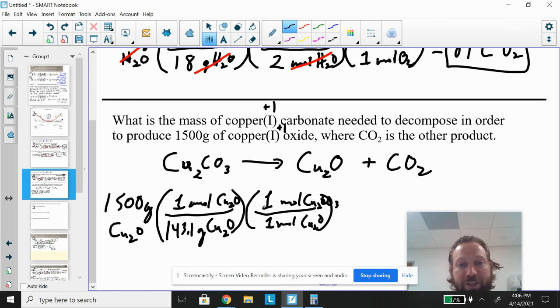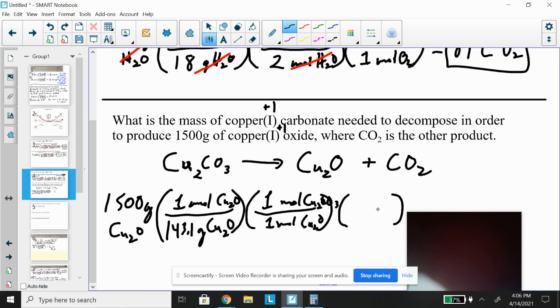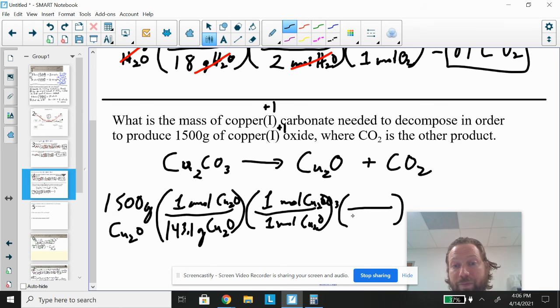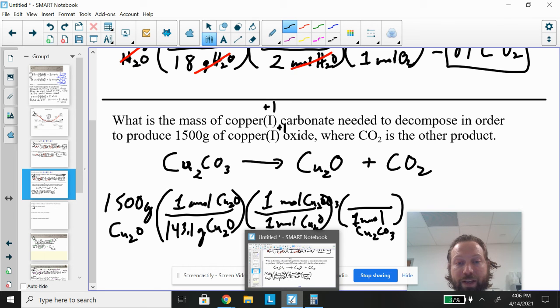And that's quite simple in this problem because everything is a 1 in coefficients. And last but not least, I'm going to convert to the mass by going 1 mole of Cu2CO3, and we'll take a look at what that is.